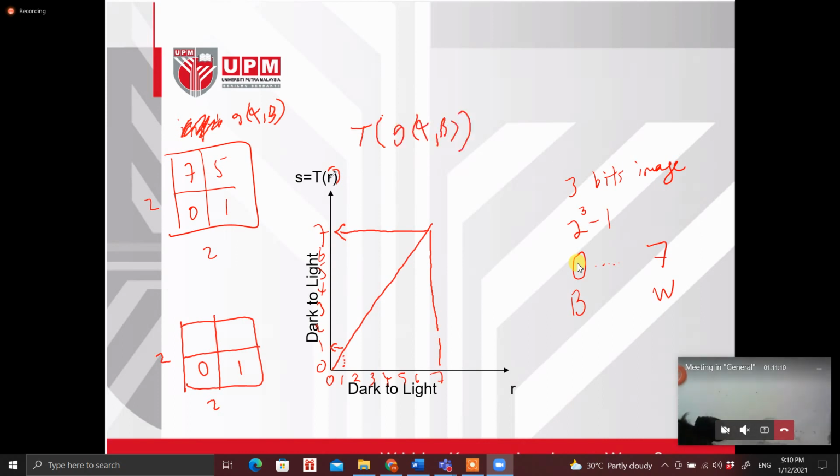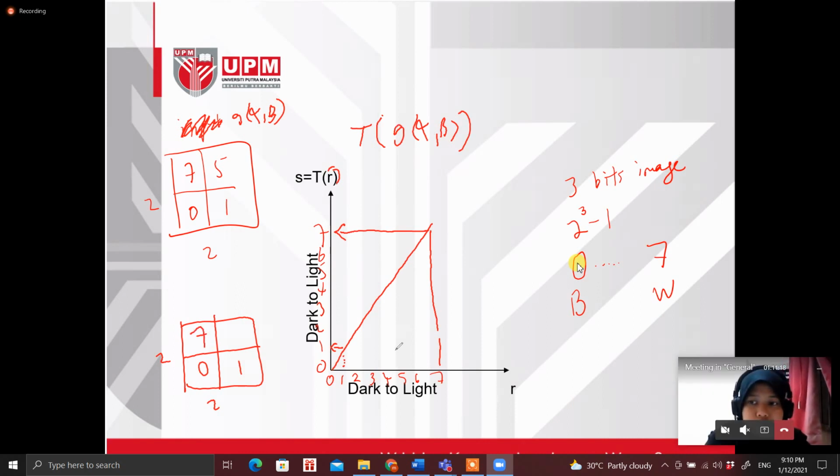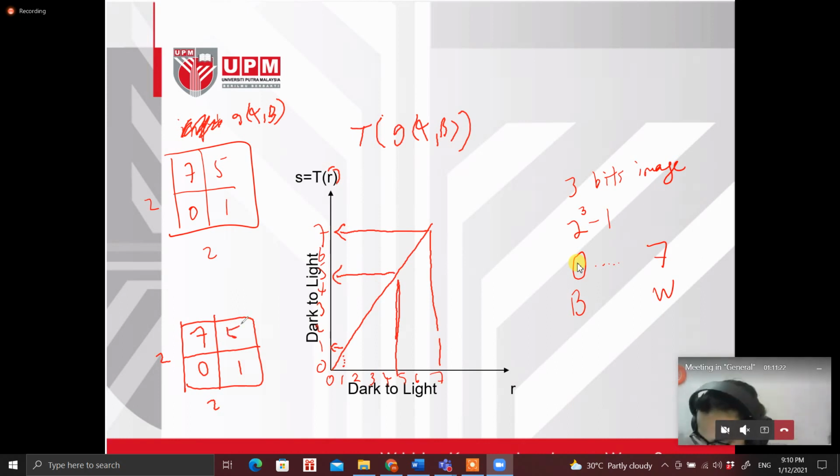This particular R is G alpha beta, which is on the y-axis. So 7 becomes 7, and if I interpolate 5, it becomes 5. So this is going to be our output image after image enhancement. But as you can see here, there is no change at all, because we are using a linear function.